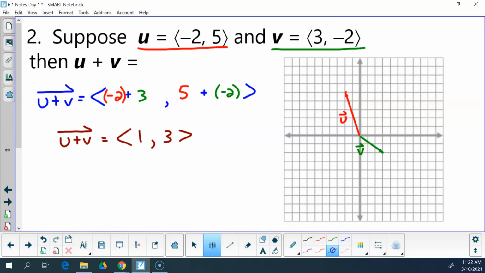So the resultant vector is the vector 1, 3, which would be right there.